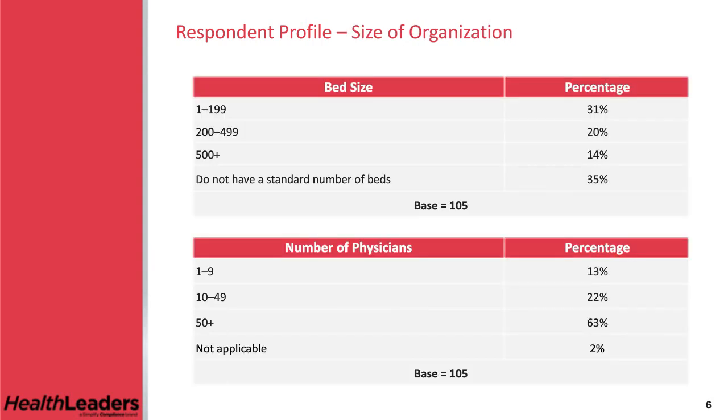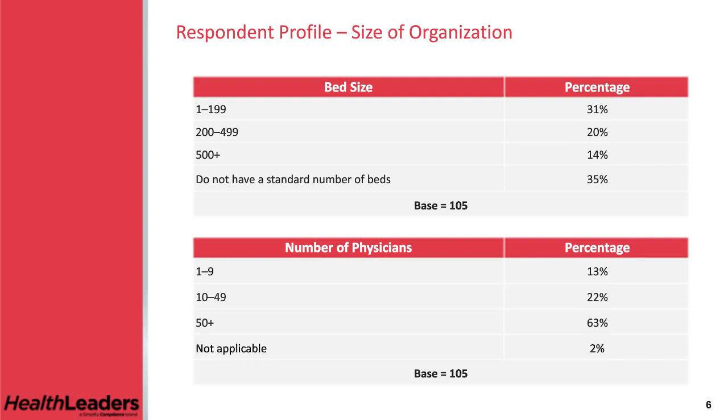And for bed size, it's fairly equally distributed. 1 to 199 beds is 31%, so almost a third of the base is in that size. 20% in the 200 to 499 bed group, and 500 plus is 14%. And some of the respondents didn't have standard numbers of beds.